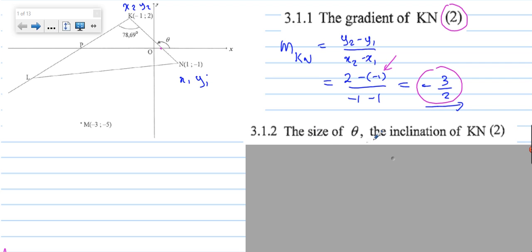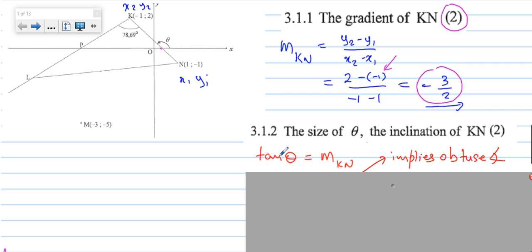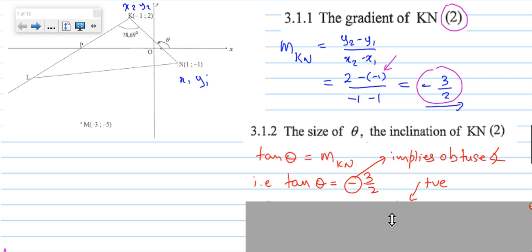Then the size of angle theta, the angle of inclination of KN. Once again, we need the formula, which appears on your formula sheet. Tan theta is equal to the gradient of KN. Firstly, note that tan theta is -3/2. Negative implies obtuse. Please note.